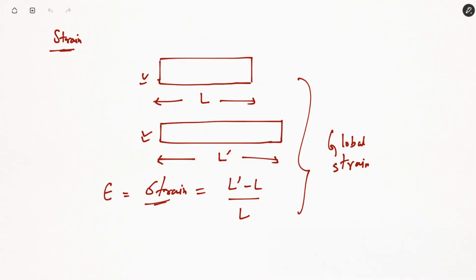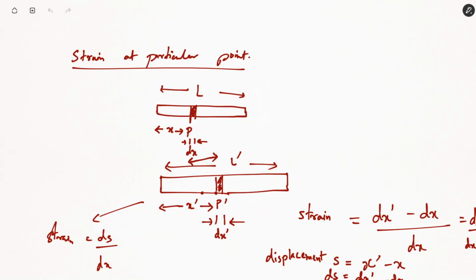Fine. But at times we are not interested in the average strain. The formula L dash minus L divided by L gives the strain on the complete length of this rod. But we are sometimes concerned only with the strain at a particular point.